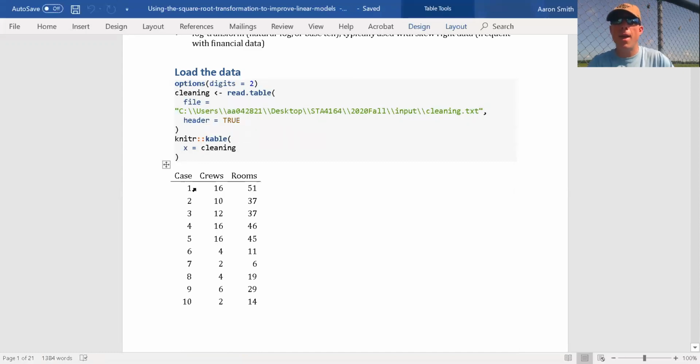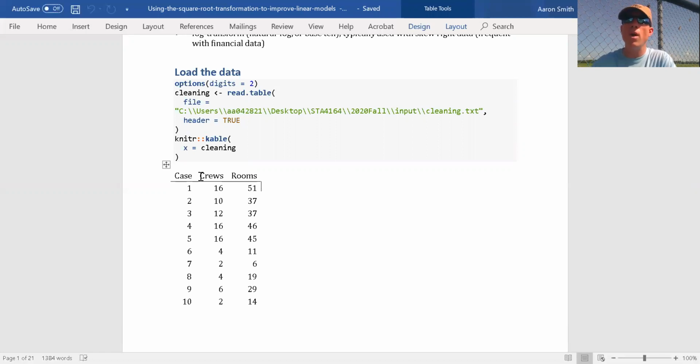I can see in my data I've got the number of crews and the number of rooms cleaned. Let's say that I'm running a hotel and I've got a cleaning crew. I need to know how many crews I need to be very efficient. For the size of the job, how many people do I need to cover that? I want to have exactly the right number of people, the right number of crews, because if I have too many, I'm losing money on payroll.